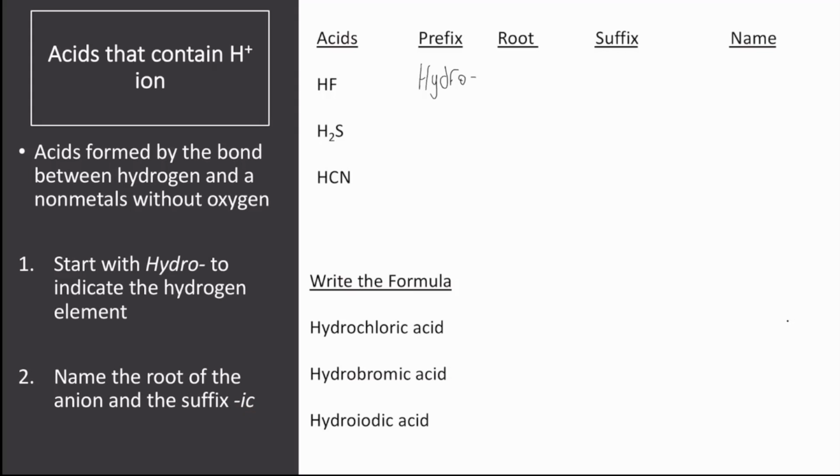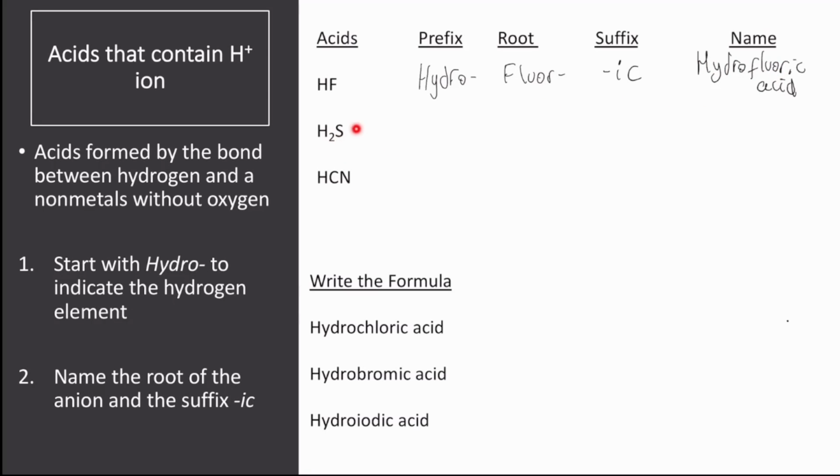The root of the anion, in this case fluorine, is fluor. The suffix ic, so putting it all together, is hydrofluoric, and at the end we put acid. So this is hydrofluoric acid, HF.